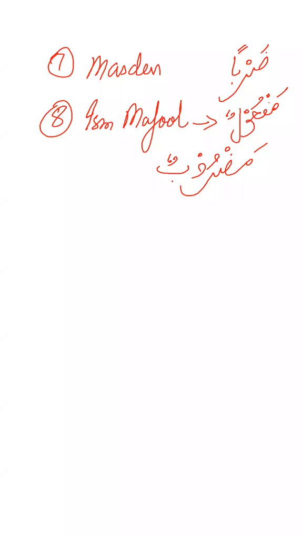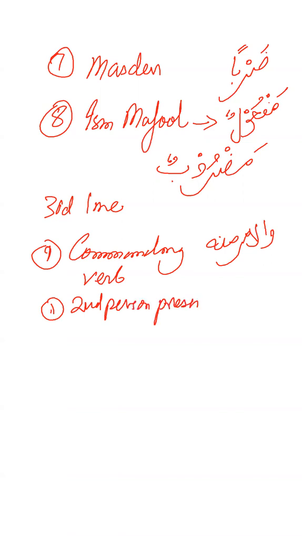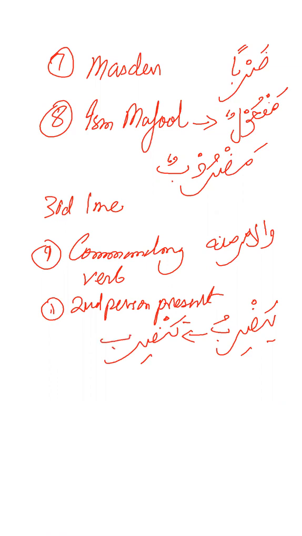And now we have the third line, where we have wal amru minhu, the command. So it will be number 1, second person, present tense, yadribu becomes tadribu. Then what do we do?